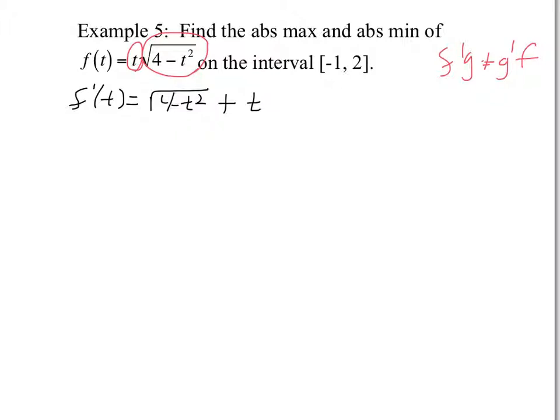And I know g prime is going to be, just because that's the square root of something, I know its derivative is going to be 1 over 2 square root of it, because that's what we do when we have a square root. But then I have to multiply by the derivative of the inside function. And the derivative of 4 minus t squared happens to be -2t.